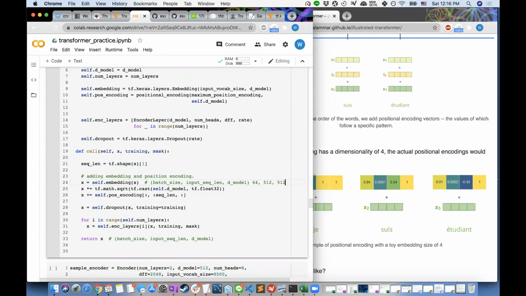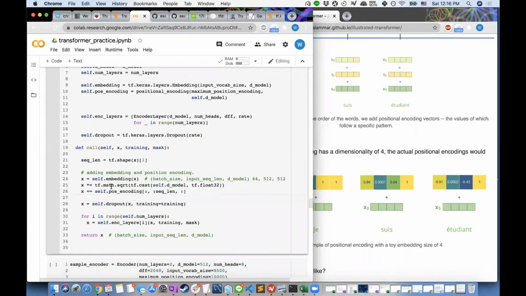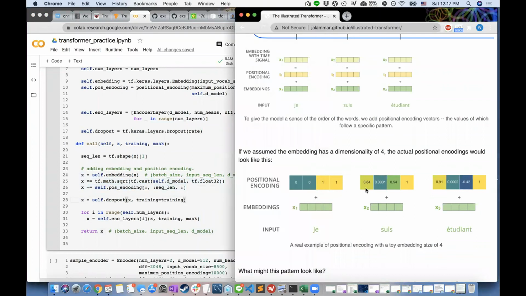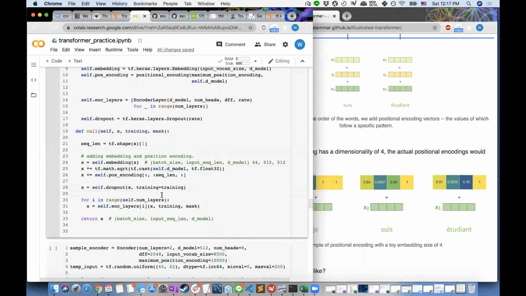512, 512. Okay, then we multiply: times equal tf.math.sqrt of that. What is this? Times equal square root tf.cast. Okay, I need to understand this step a little better, but I understand this part because that's just adding the position encoding right here.